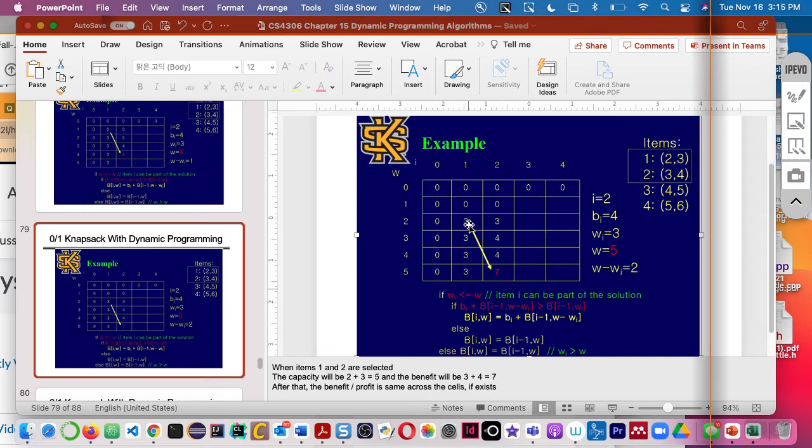This benefit 3 started from here, right? And this benefit 4 started here. And they will be applicable when you reach weight 5. Before that, your benefit will be 4, the maximum of this, right? So this is why it is 7. You understand why it is 7?